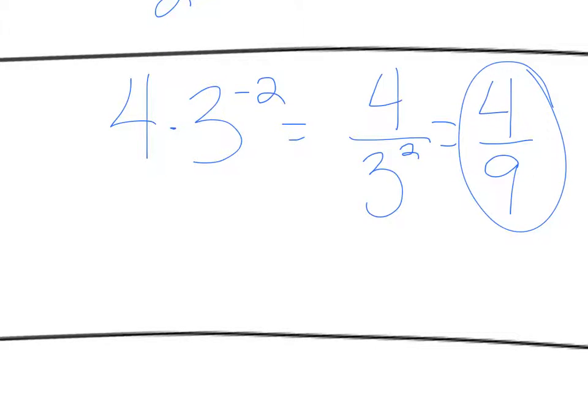Okay, 2 more. Okay, if I have 3 to the negative first times 3 squared, and we're going to raise that whole thing to the negative first power. Once again, a couple different ways you can do this.